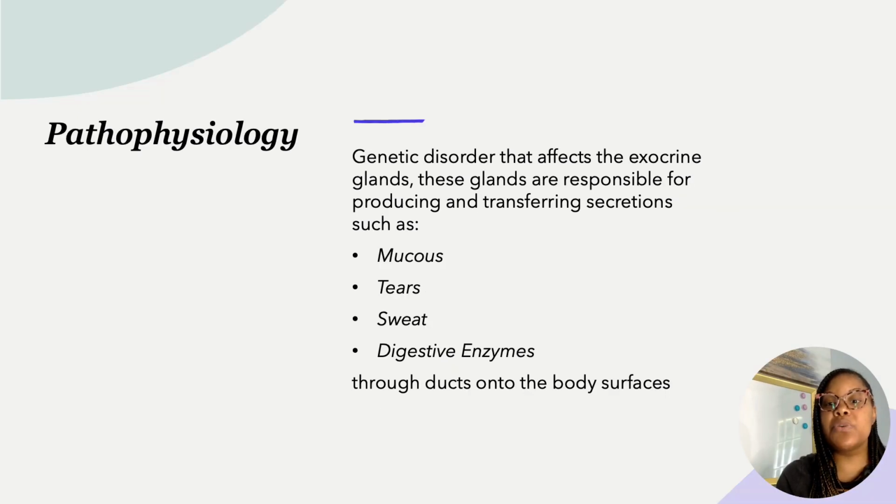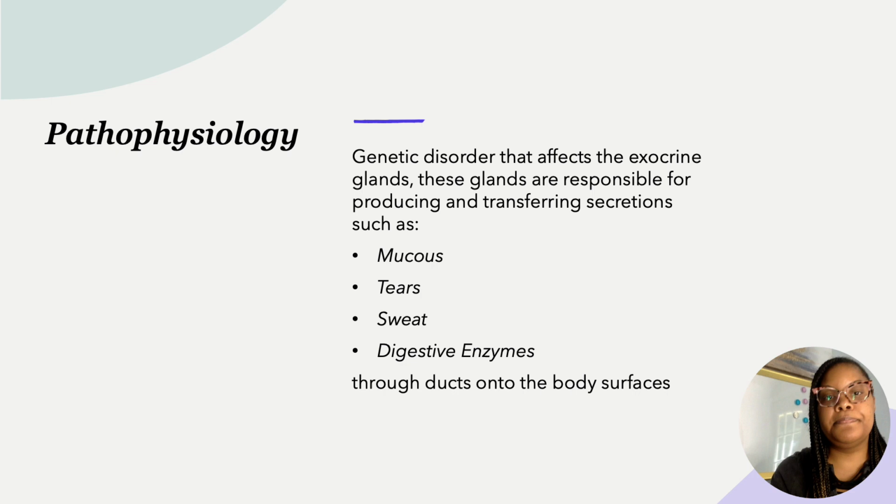All right, so let's begin with cystic fibrosis. We need to know the pathophysiology of cystic fibrosis. How does it affect the body? Cystic fibrosis is a genetic disorder that affects the exocrine glands. So then you need to know, what is the job of our exocrine glands? The job of our exocrine glands is to produce and transfer secretions such as your mucus, your tears, your sweat, and digestive enzymes through ducts instead of the bloodstream onto your body surfaces.